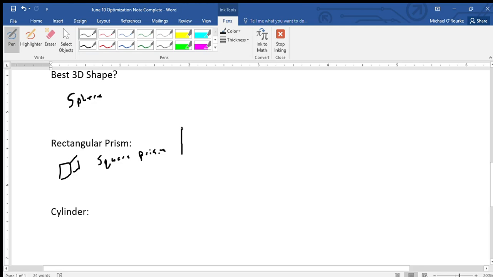So if I were to write dimensions here, as a horrible artist, it'd be 10 by 10 by 10, or x by x by x. So I could give you, let's say, the most simple one, I want a prism that is 1,000 meters cubed. That's the volume I want. Well, volume equals length times width times height.